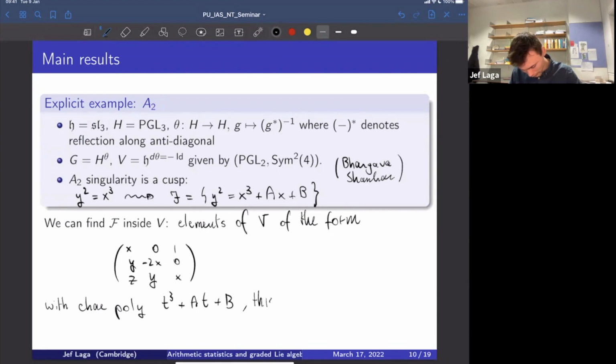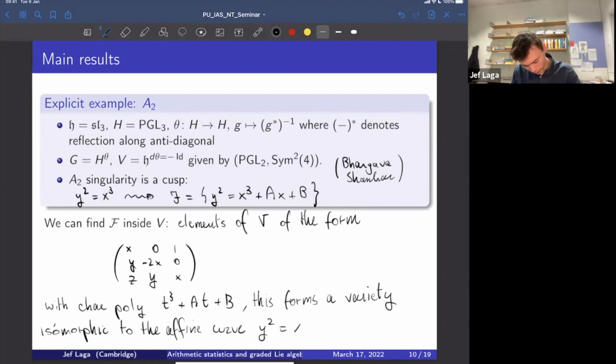Then this forms a variety, if you calculate what the equations mean, which turns out to be isomorphic to the affine curve given by the short Weierstrass equation. All right, so this is already one sign of how the curves are related to the representation.